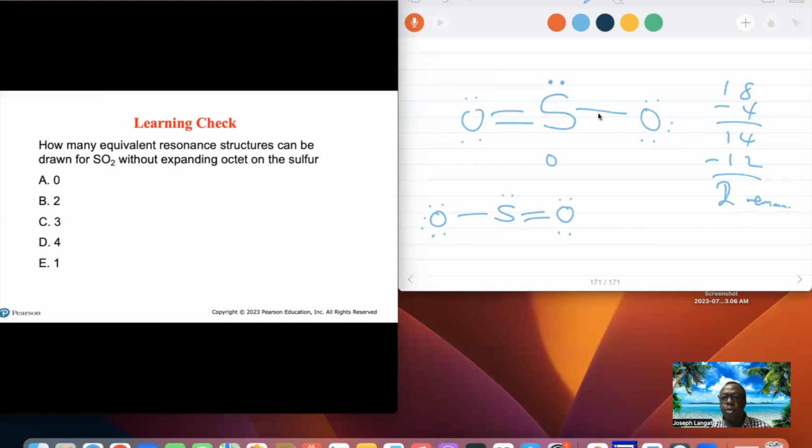So there are only two possible equivalent resonance structures.